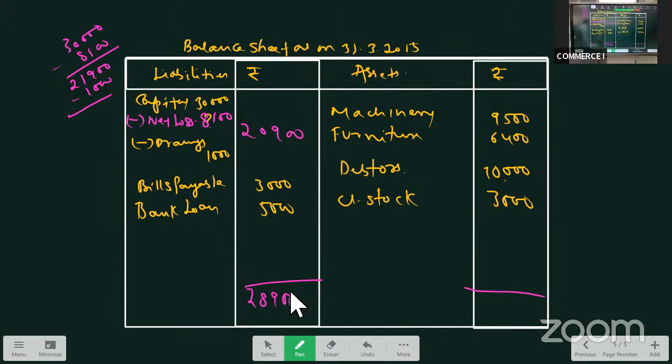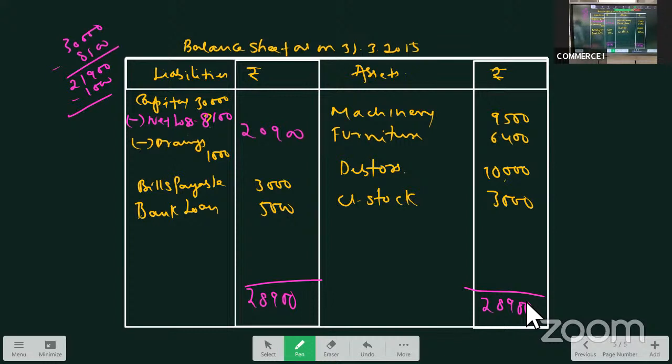Check if it is right. 28,900. That's all. We have completed the problem and the balance sheet got tallied both on the asset side and liabilities. Okay.